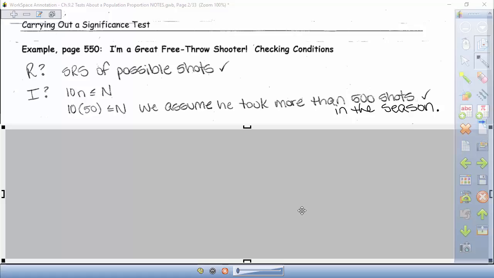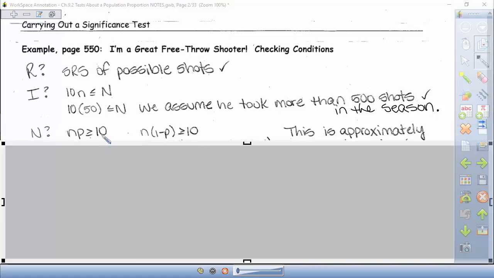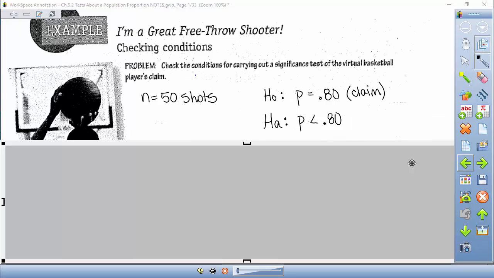Somebody said it earlier for the independent part: n times p is greater than or equal to 10, and n times 1 minus p is greater than or equal to 10. The question is, what's your p? Let's go back to the original problem and see. What do you think your p is? 0.8. Yes, 0.8 is your p.